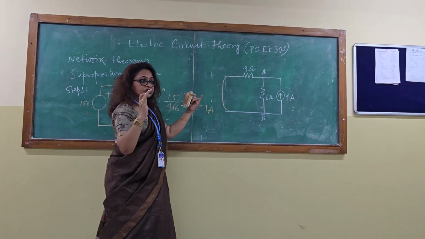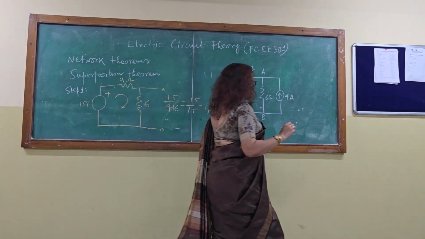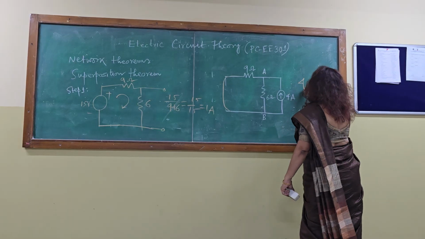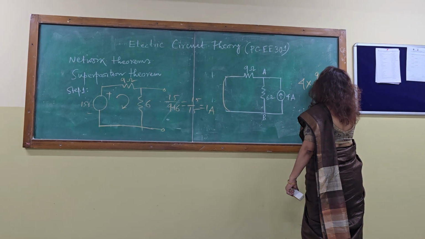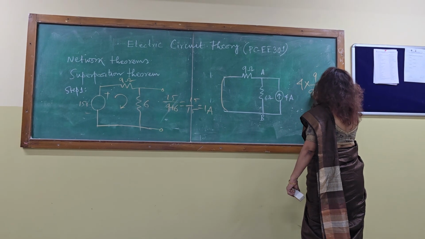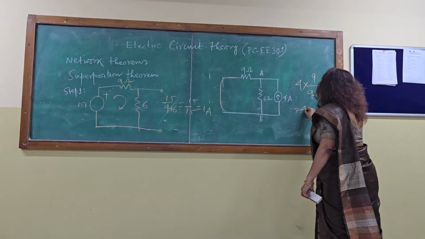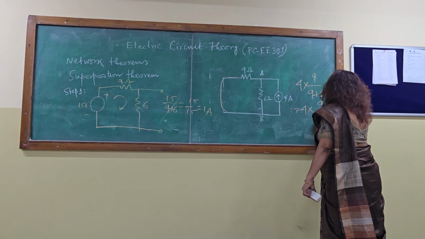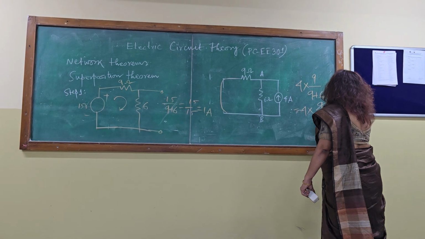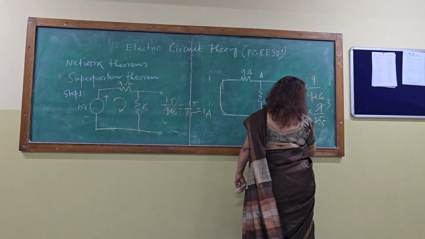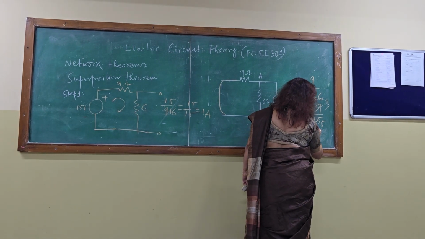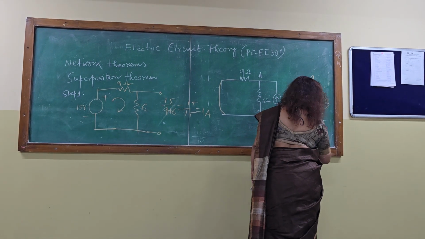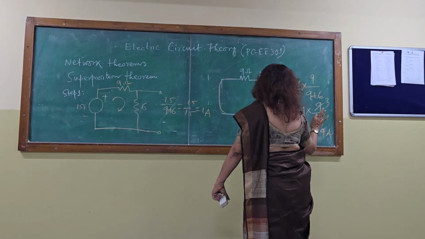It will be on the basis of the current dividing rule: 4 into 9 by 9 plus 6, that is 4 into 9 by 15, so 12 by 5, which is 2.4 ampere.